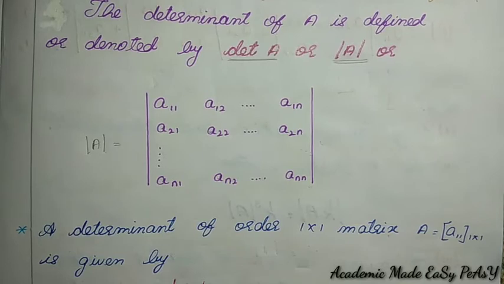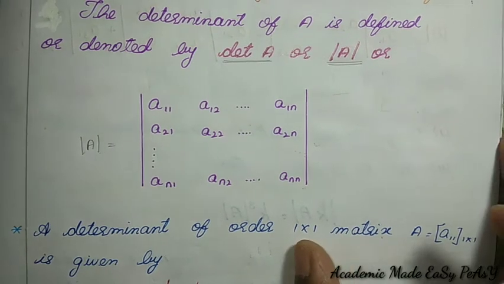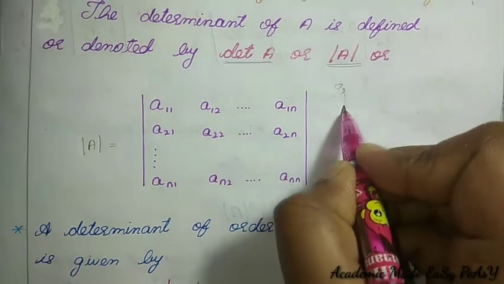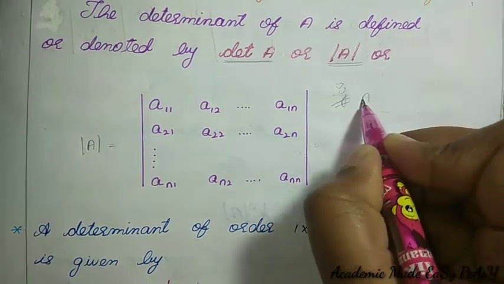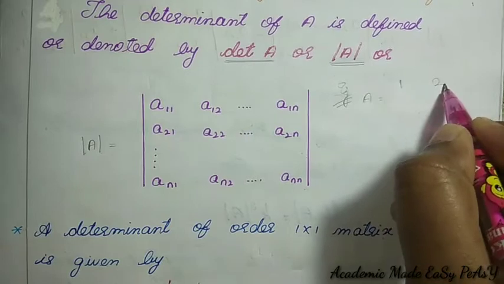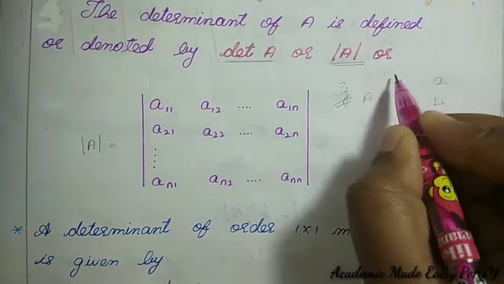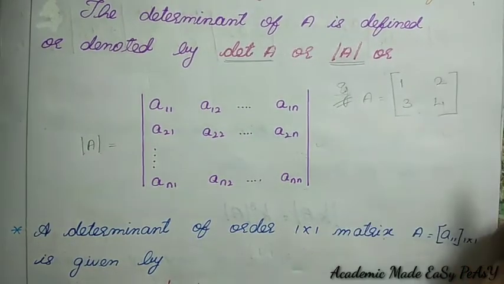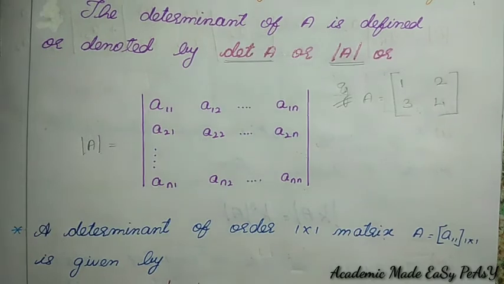So now I will give you an example which makes the difference between matrix and determinant clear. Just consider matrix A: 1, 2, 3, 4. This is a matrix, which we already know.